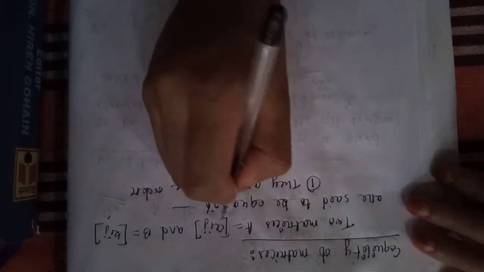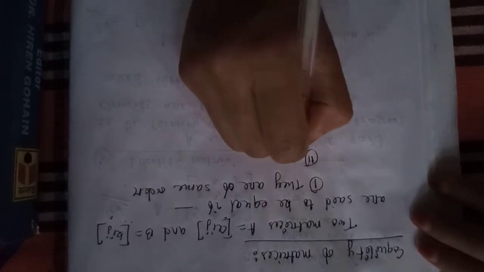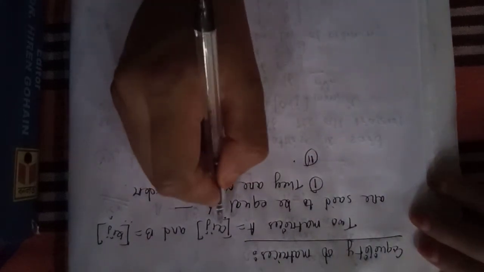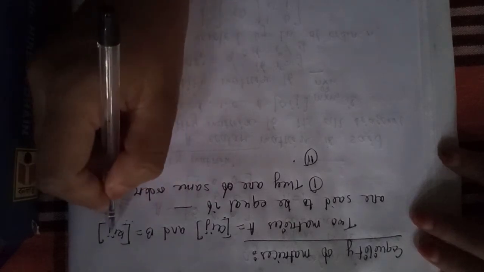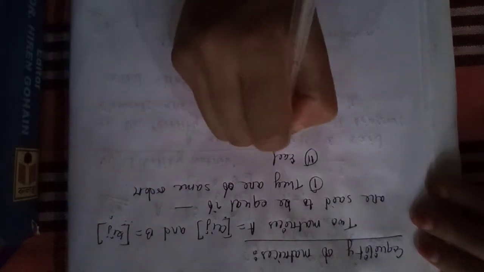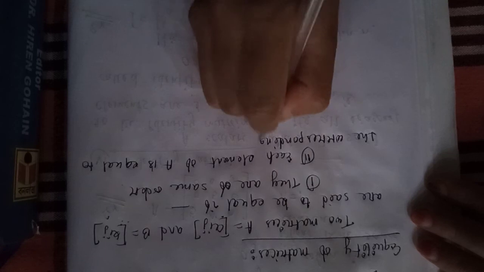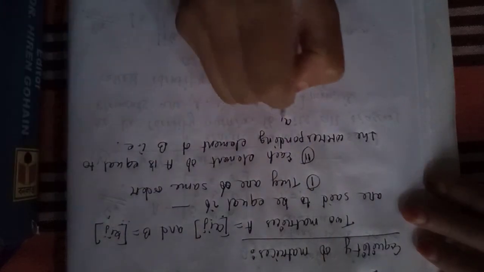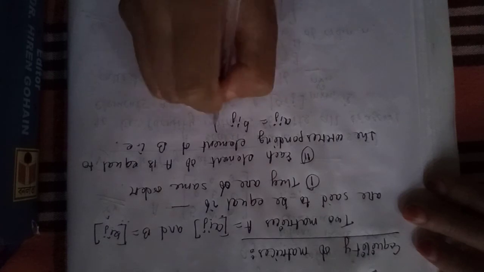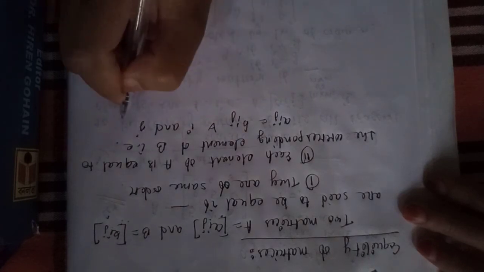That is, the order of matrix A is equal to the order of matrix B. And number two, all the elements of A are equal to the corresponding elements of B. That is, Aij equal to Bij for all i and j.